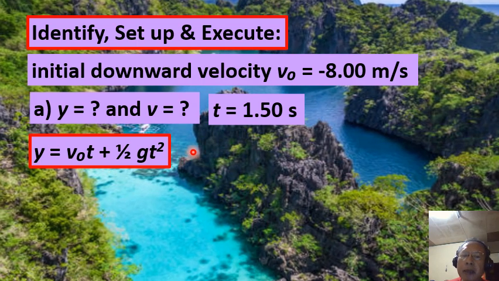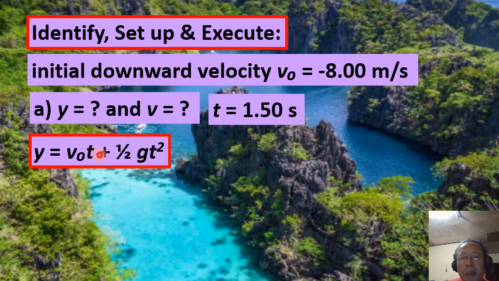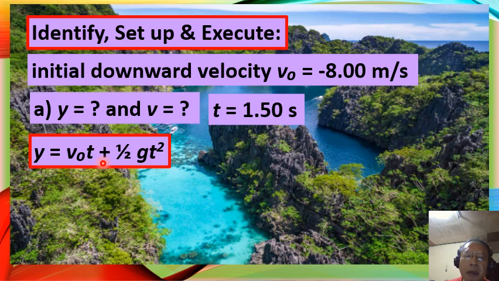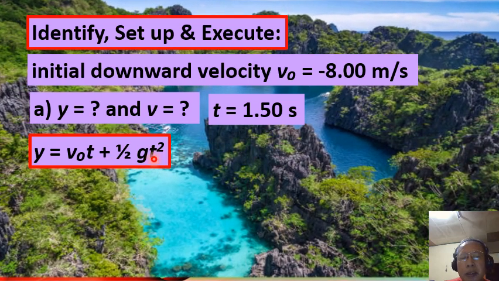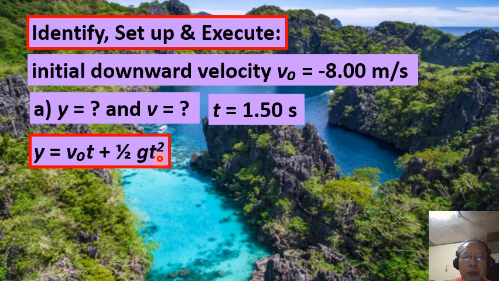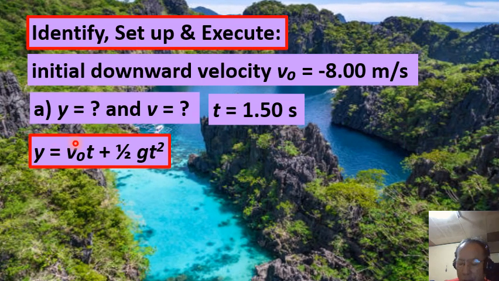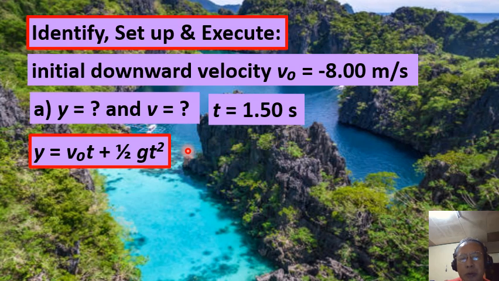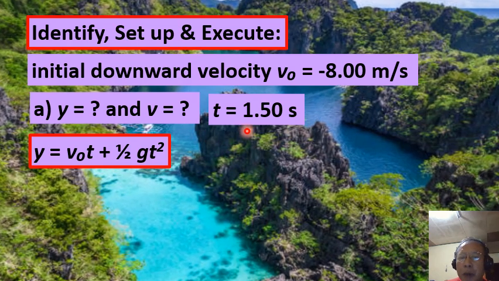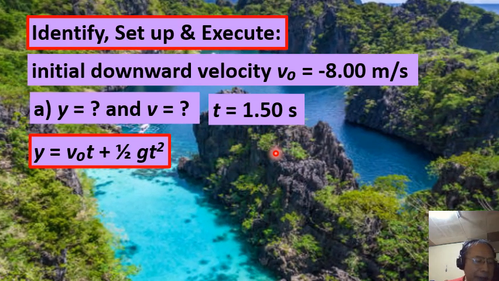Because we are given the time and the initial velocity. So this is an appropriate formula to use for determining the position or the displacement of the stone after 1.50 seconds.